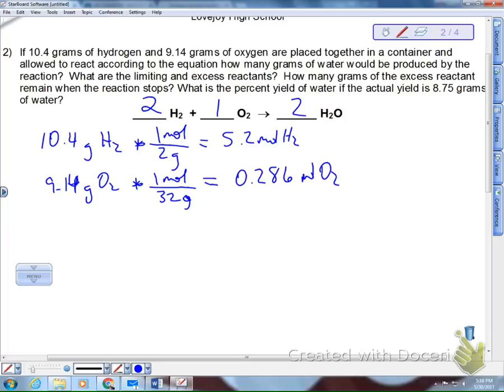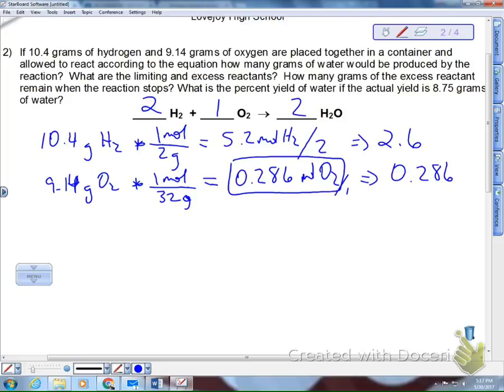Now, hopefully you divided by the coefficients. I write those arrows there because I want to remind you that we're not going to use these numbers for anything other than a comparison. This comparison was pretty easy. It's quite obvious that this is my limiting amount.